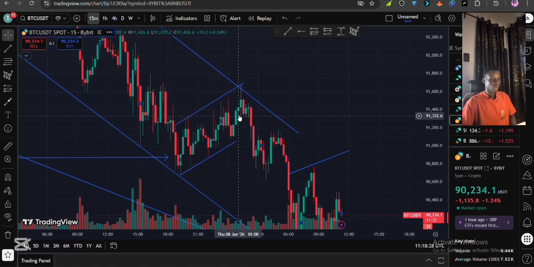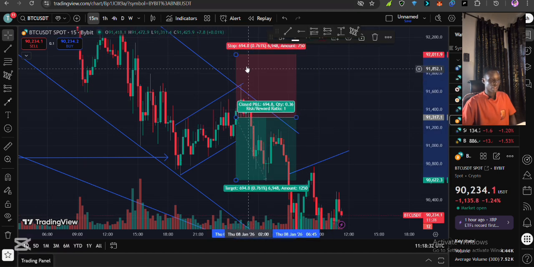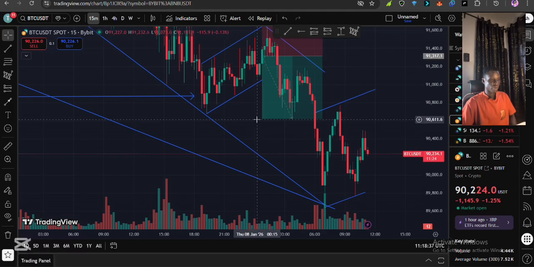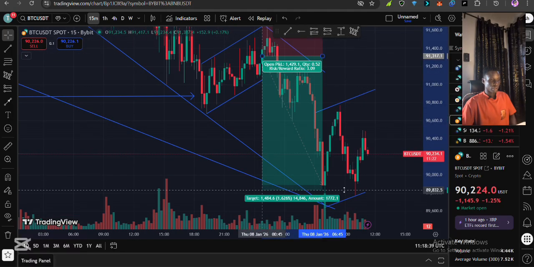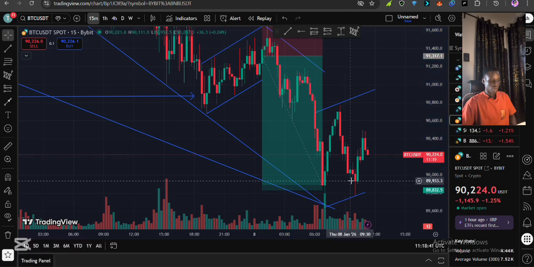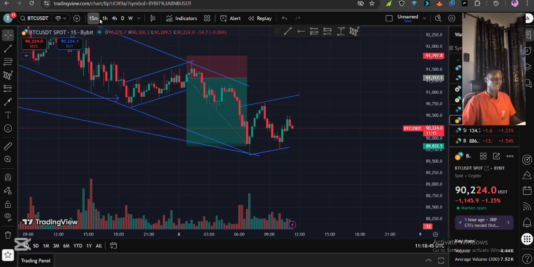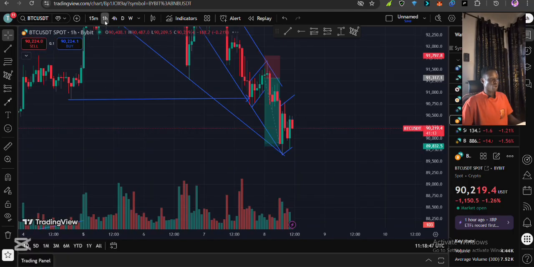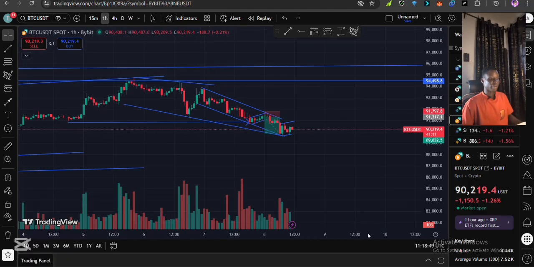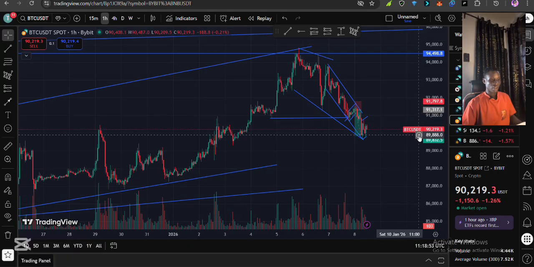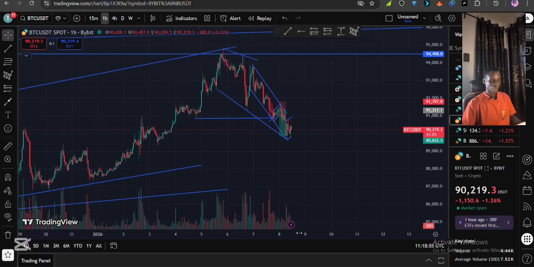So from here now, you have your SL above the trend line, and your TP down here. Sharp 1:3, and then we are done with that. Let's go back to our 1 hour time frame so we can finish this pattern that we see.